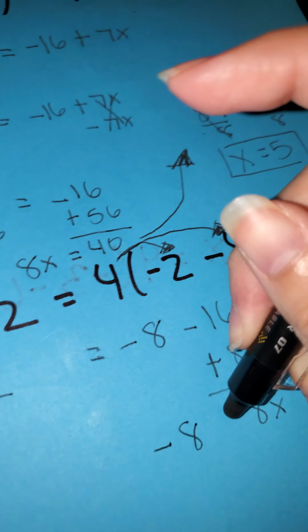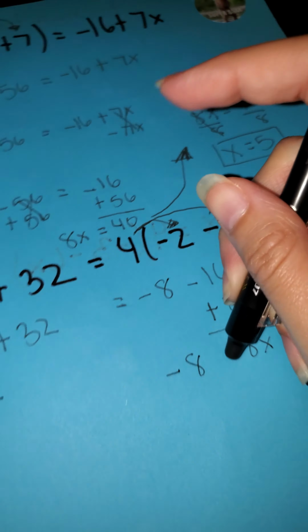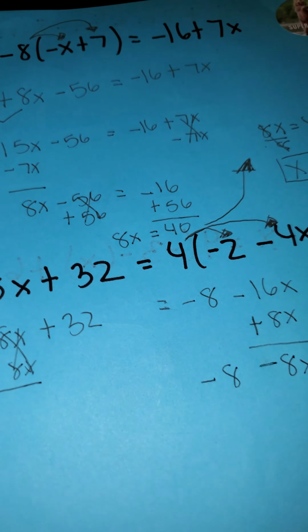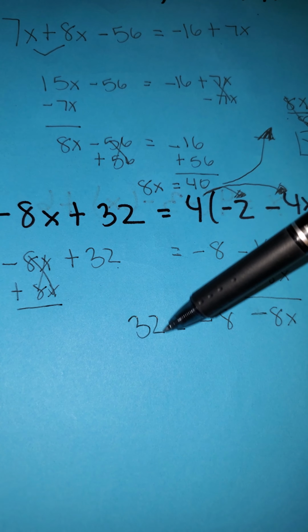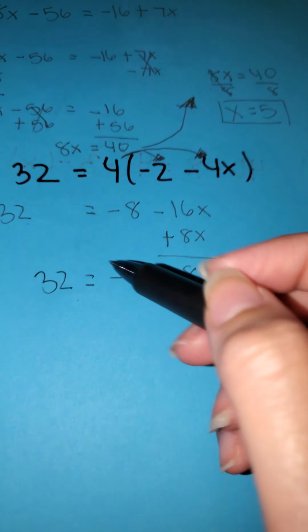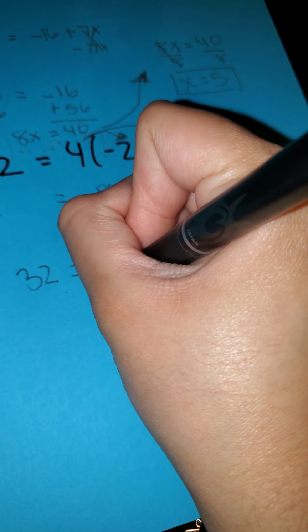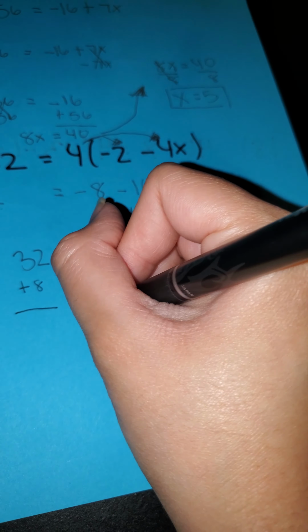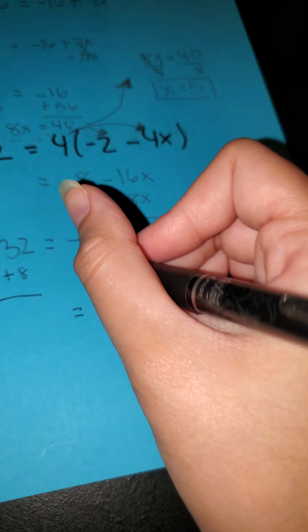This kind of looks like an equal sign, so let me fix that. Okay. There we go. And equal to 32, because we are bringing down this number up here. Now I want x by itself, so I'm going to move this number over here by adding. That cancels out. This comes down over here.